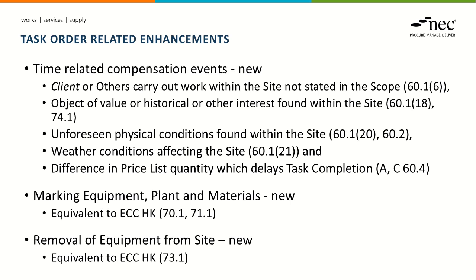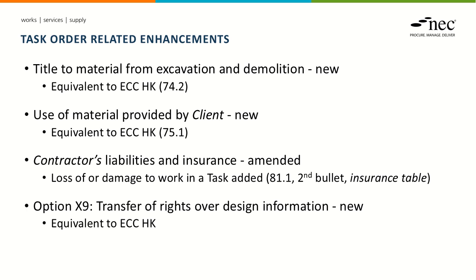It's to do with marking equipment that is outside of the site or the service area. Similarly, we brought in the equivalent provision around removing equipment from site. We've got provisions with regard to the title over material from the excavation or demolition within the site and the use of material by the client.